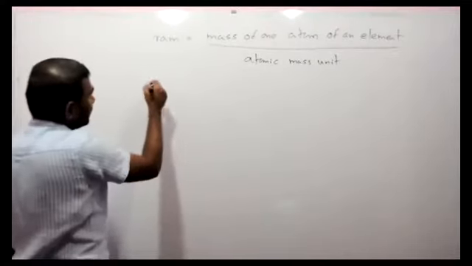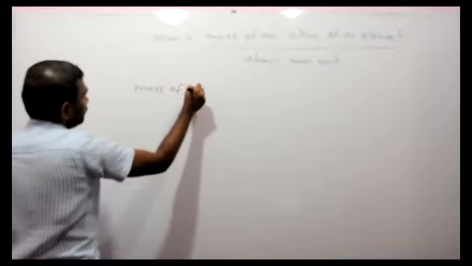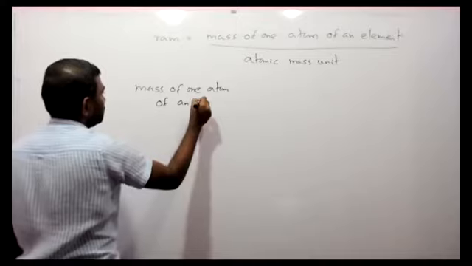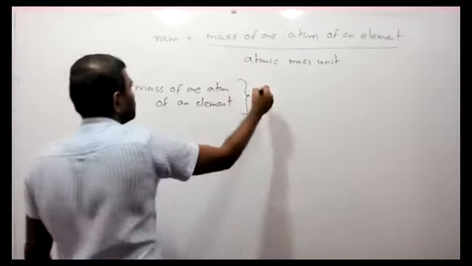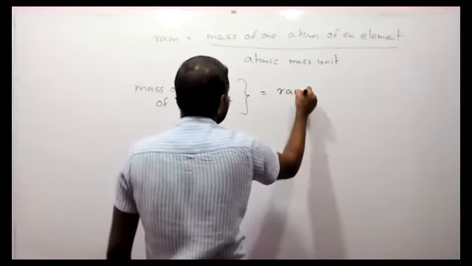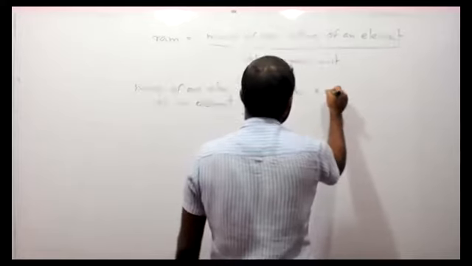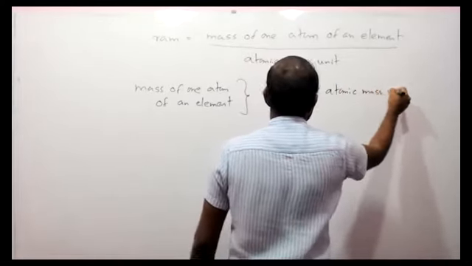So I'll cross multiply it. Then we can say the mass of one atom of an element will equal to what, children? The relative atomic mass of that element multiplied by the atomic mass unit.